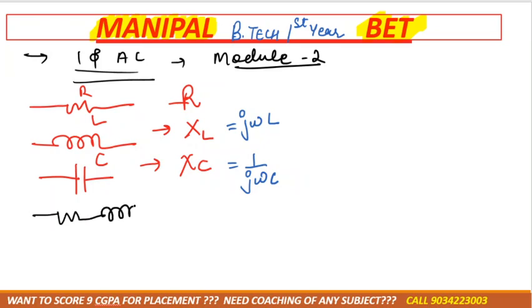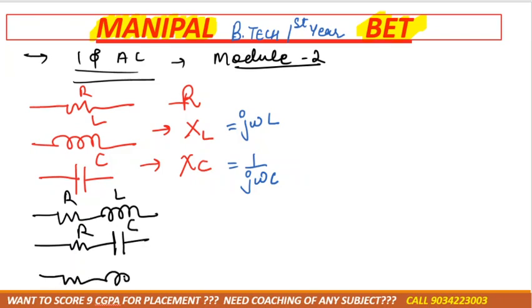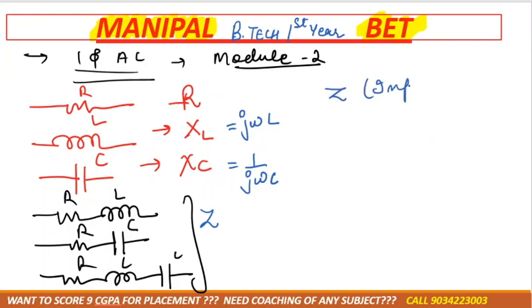If there is a combination, suppose a combination of RL, RC and RLC, then in that case their resistance is technically known as impedance, right? You have heard about impedance. Impedance is denoted by Z, correct?